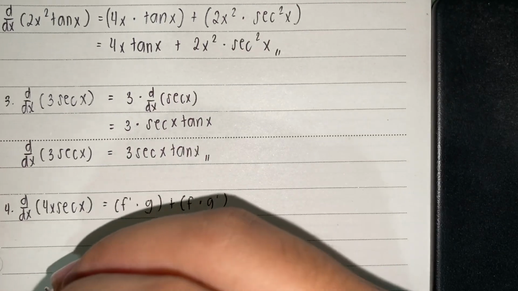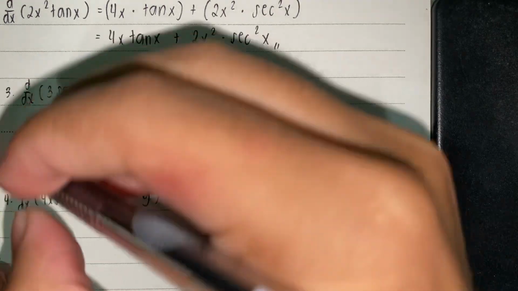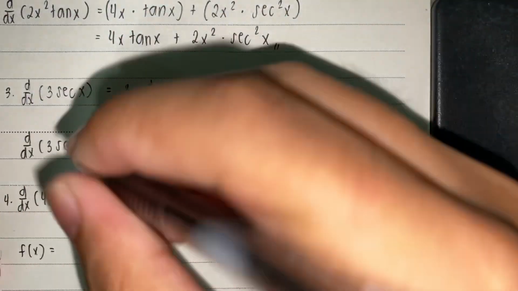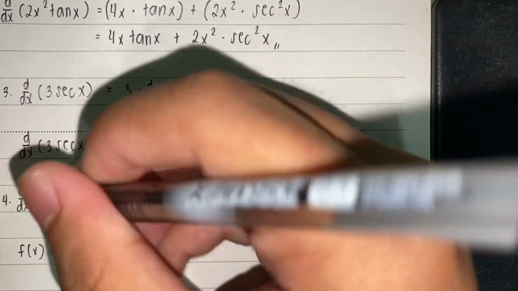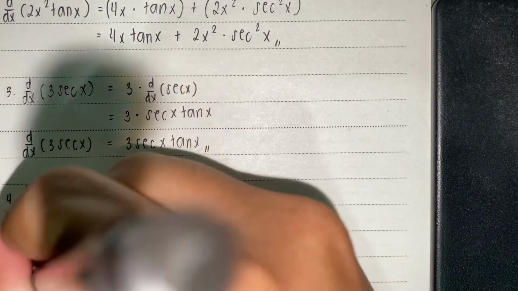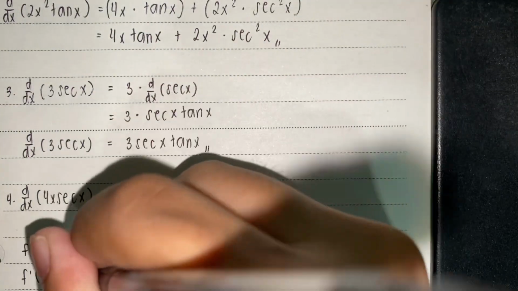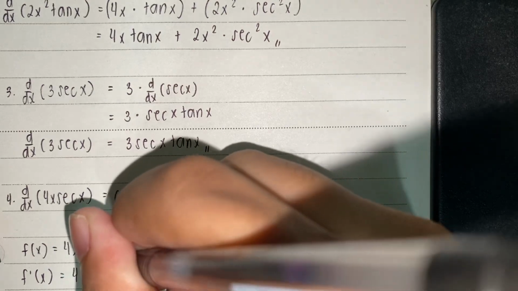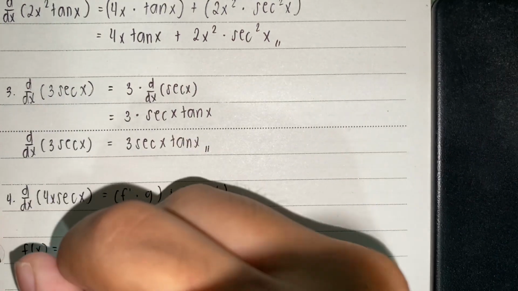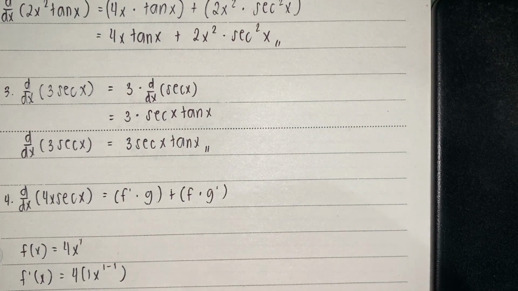First we identify our first term, f of x, which is 4x. By using the constant multiple rule, f prime of x is 4 times 1x raised to 1 minus 1. So f prime of x is going to be equal to 4, since all of this just equates to 1.